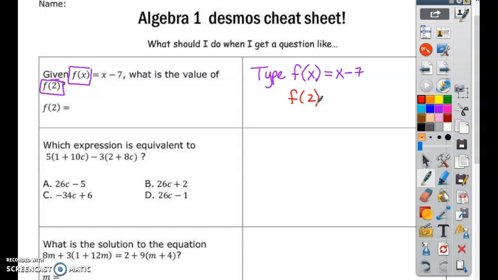It's pretty simple. You just type it like you see it. You don't change anything, and that will give you the answer. Pause the video, type this in Desmos, then type this in Desmos, so we can see what it gives us. I'm going to pause the video as well.